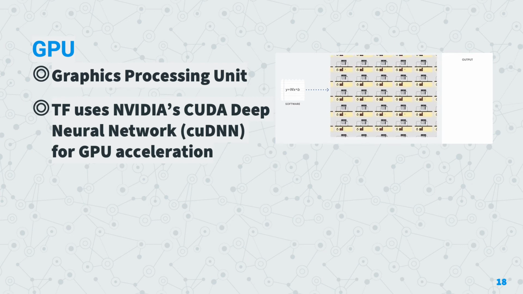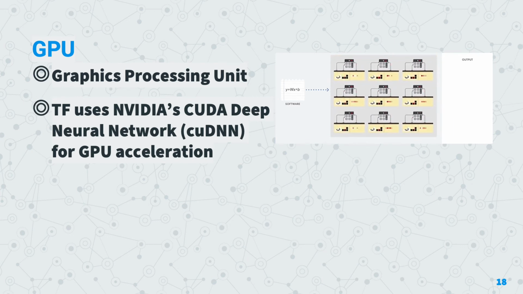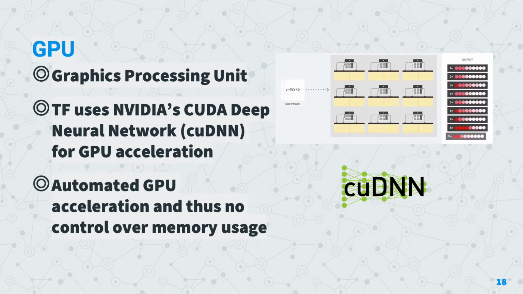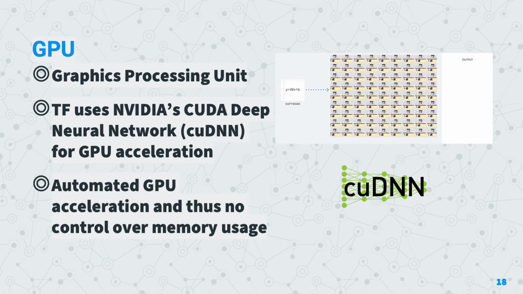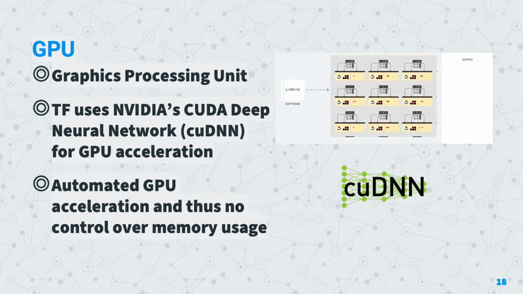Of course, TensorFlow uses NVIDIA's CUDA deep neural network implementation for GPU acceleration, and there's also a small drawback, which is that GPU acceleration is automated, and there is no control over memory usage.